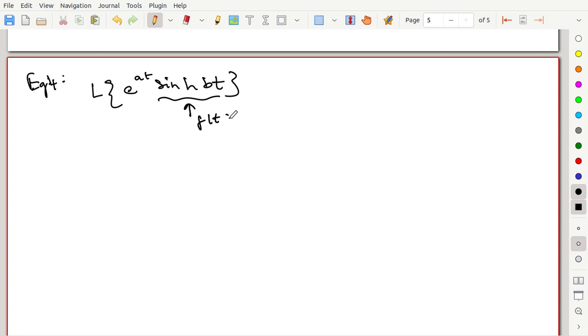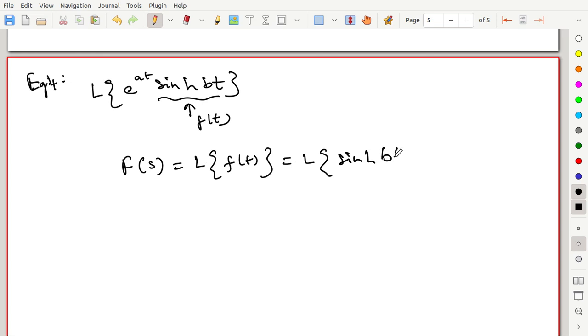First we find F of s using this f of t: L of sinh bt is equal to b in the numerator, and since it's hyperbolic we have a negative, s square minus b square.